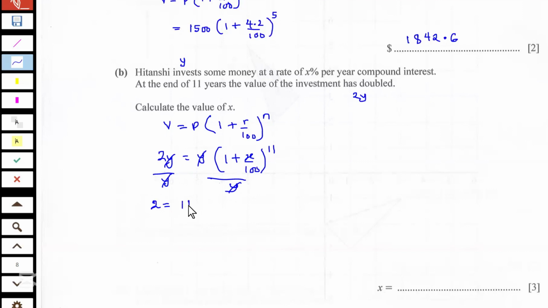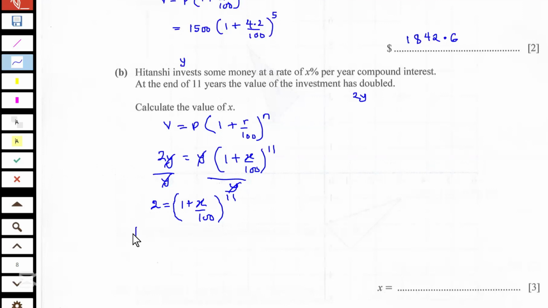1 plus X over 100, in brackets, to the power of 11. Now, to find the value of X, which is the rate, we have to get rid of 11. To get rid of 11, I have to find the 11th root of both sides.